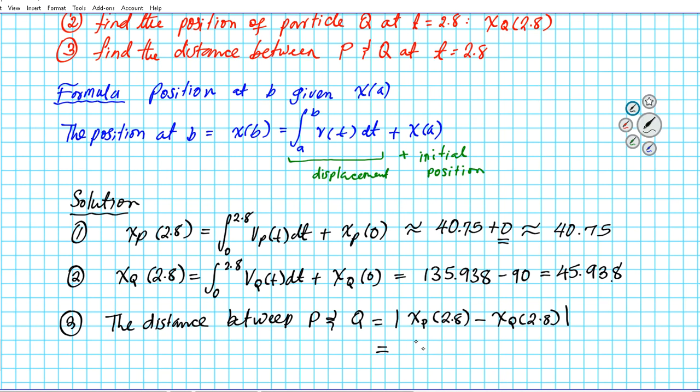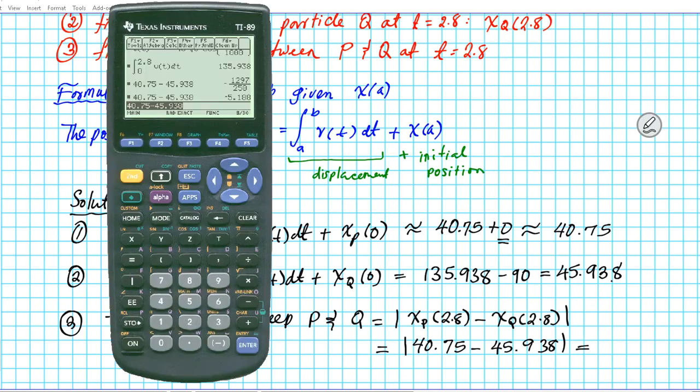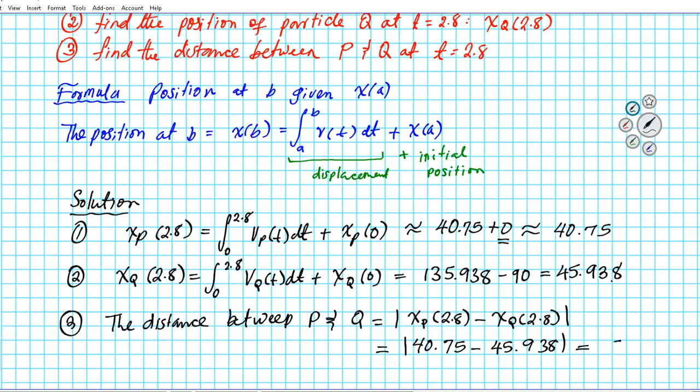So we're going to have 40.75 minus 45.938, absolute value, and then your final answer is going to be, you take the absolute value of that, 5.188.